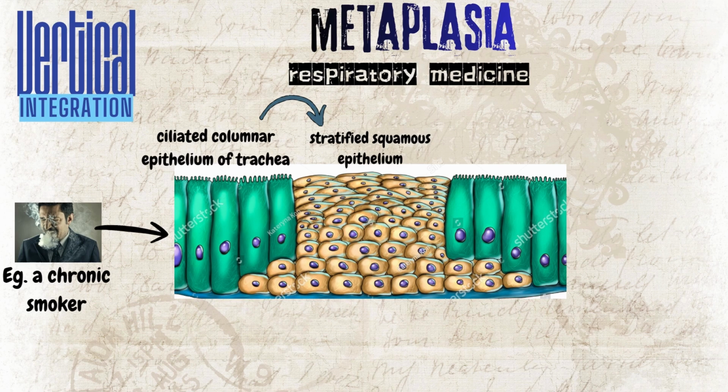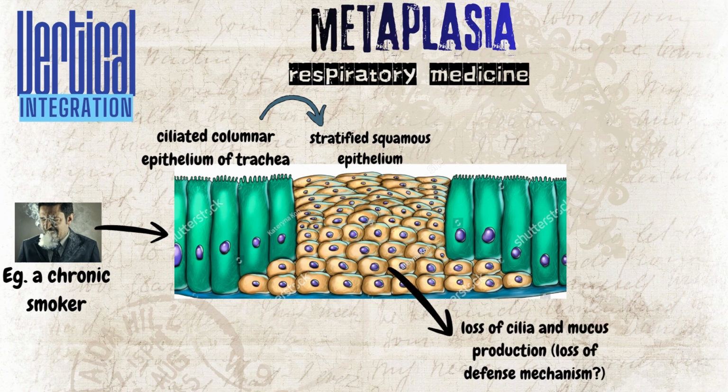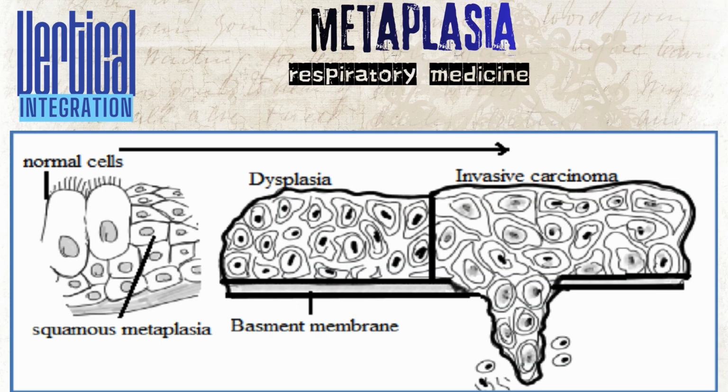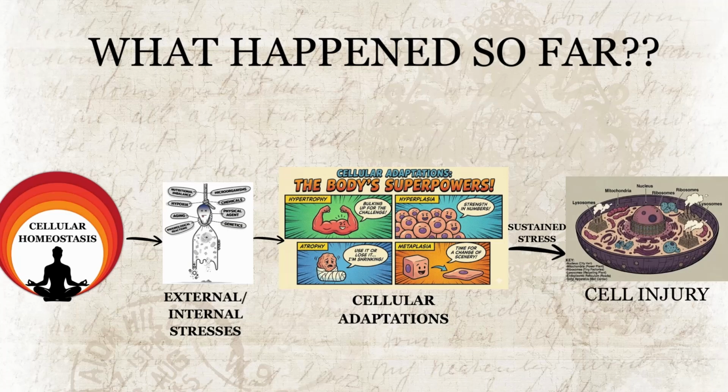Because squamous is the toughest epithelium there is, like skin, so it survives. But there is a trade-off. You lose the cilia and mucus production. You lose the defense mechanism. This is why smokers cough. If the stress continues, metaplasia can progress to dysplasia, which is disordered growth, and then cancer.